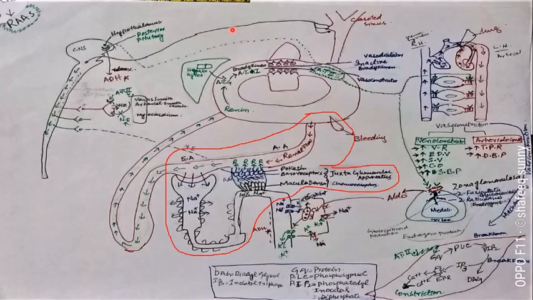The nerve that is reporting that the blood pressure is falling is the 9th cranial nerve. It is also called the glossopharyngeal nerve.